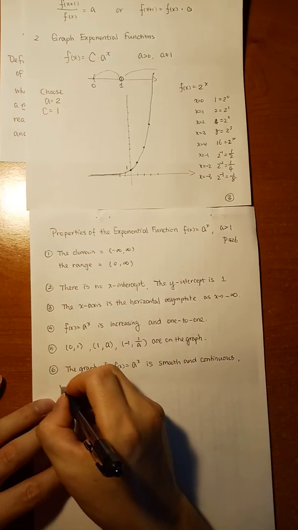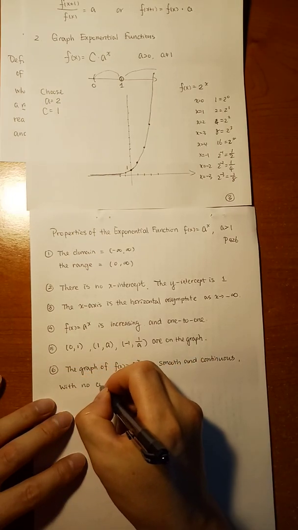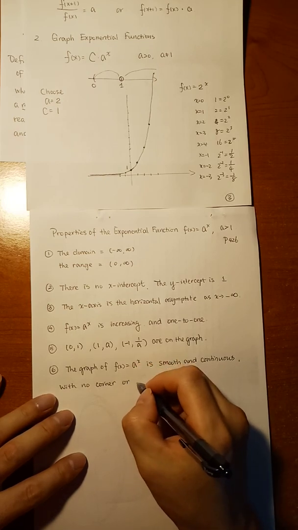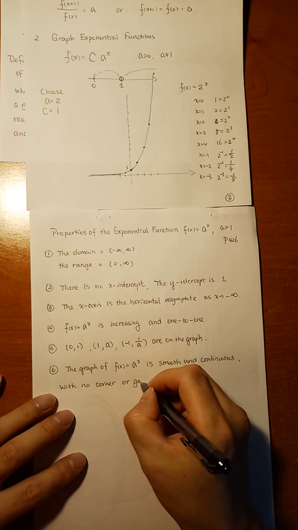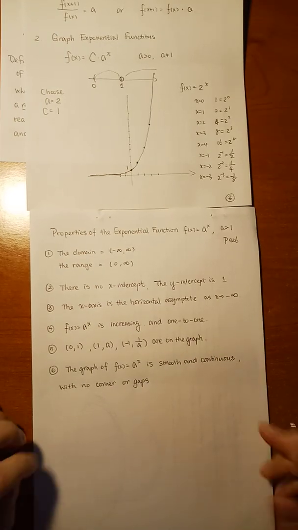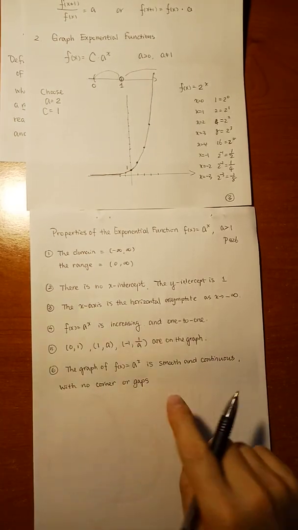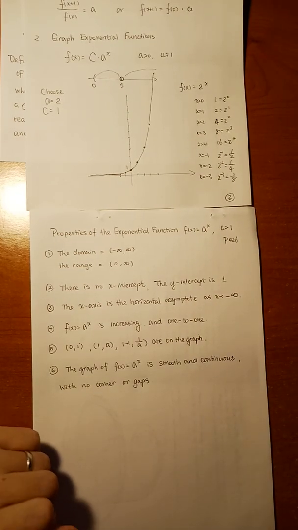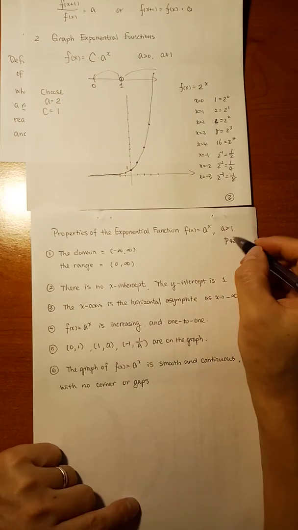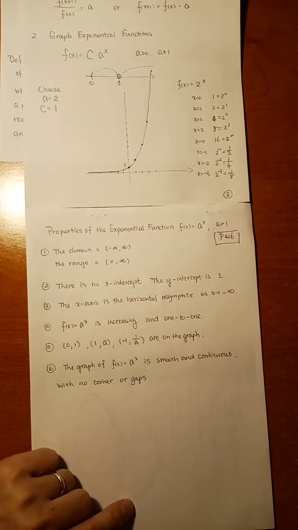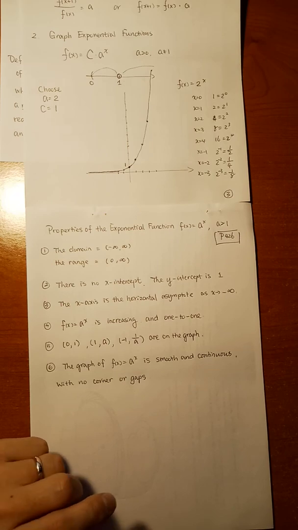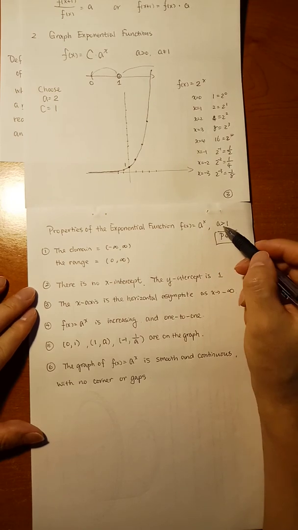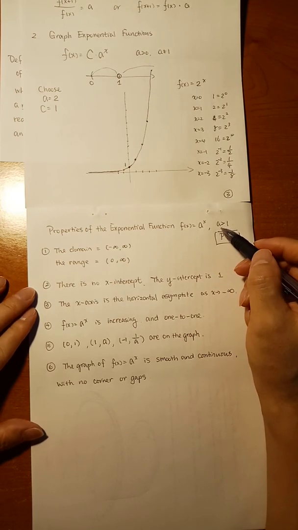There's no corner or gaps. Gap means it's discontinuous. No gap means it's continuous, right? So this list is on page 426. You can check this page. Okay, so this is a collection of the properties for the exponential function when the base is greater than 1.